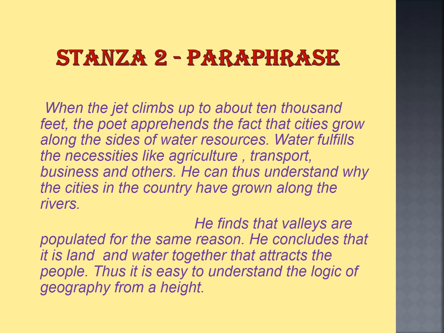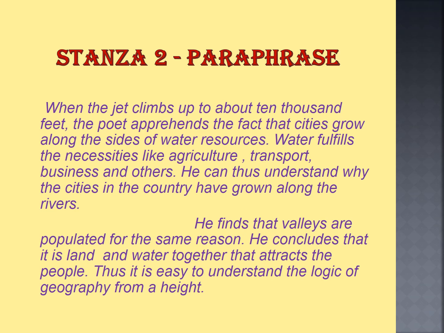So, in stanza 2, when the jet climbs up to about 10,000 feet, the poet apprehends the fact that cities grow along the sides of water resources. Water fulfills the necessities like agriculture, transport, business, and others.